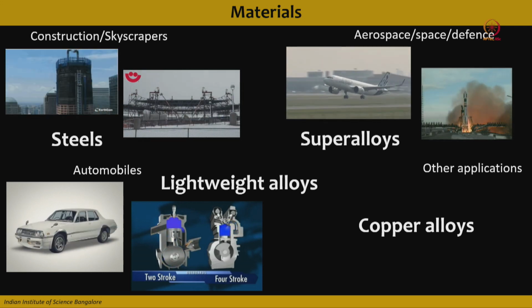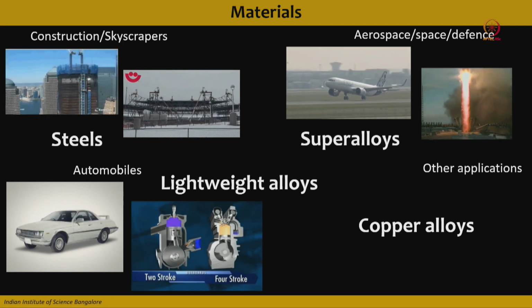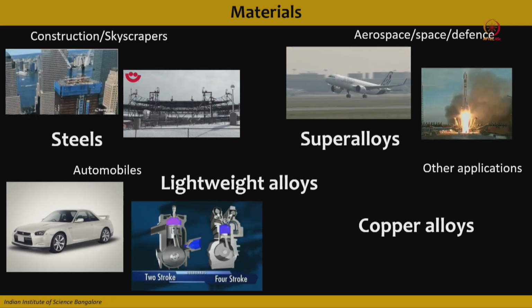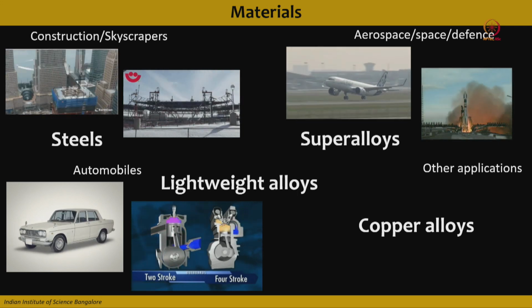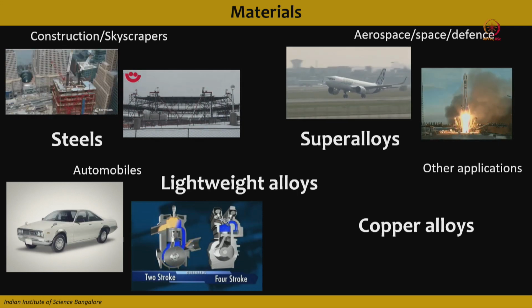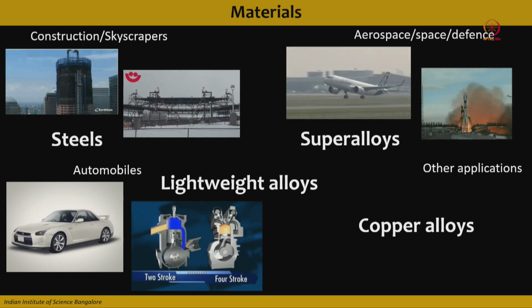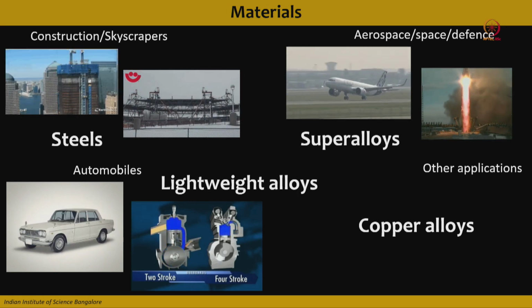The third class of alloys, which are very important for defense applications and the aerospace industries, are called superalloys. These are especially important for high temperature applications, where in a typical jet engine the turbine material has to sustain temperatures of about 1500 degrees Celsius.